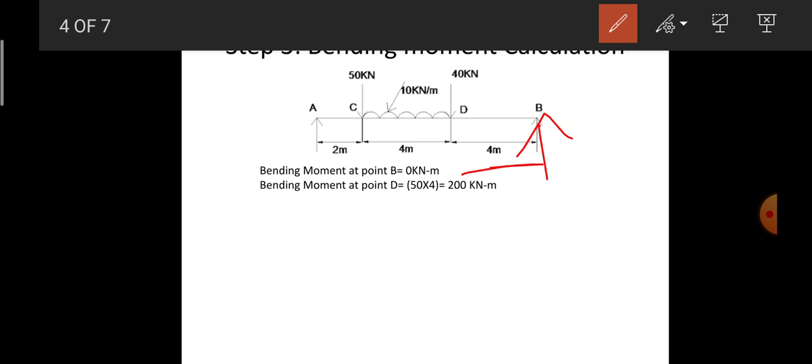We got RB by using the equilibrium conditions in the first slide, with a value of 50 kilonewton, and multiplying by the perpendicular distance 4, it is 50 into 4, which is equal to 200 kilonewton meter.